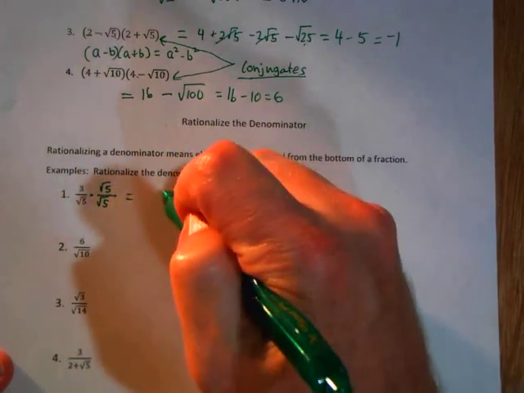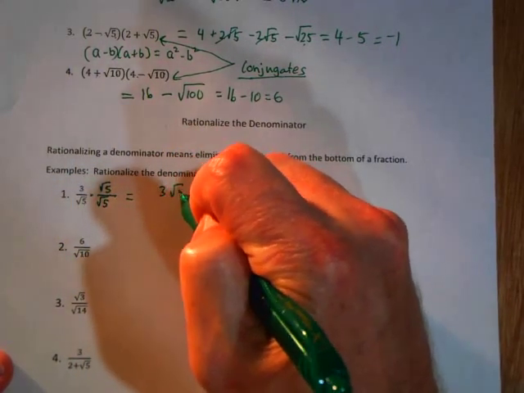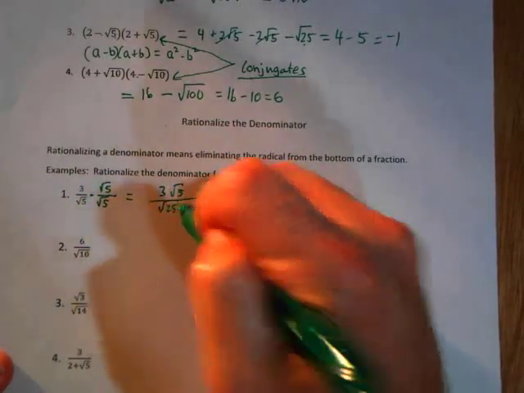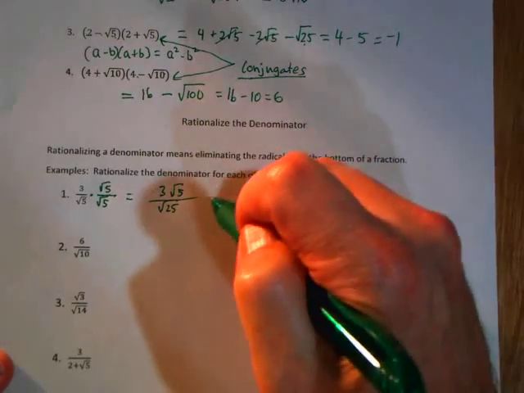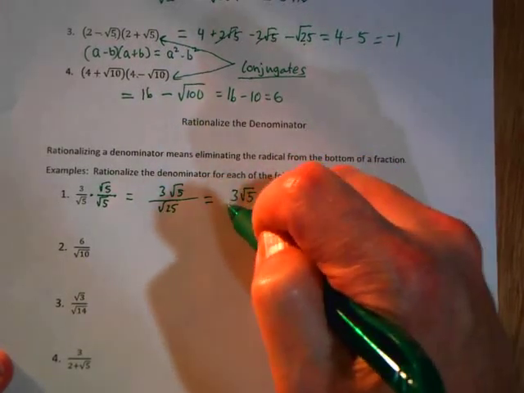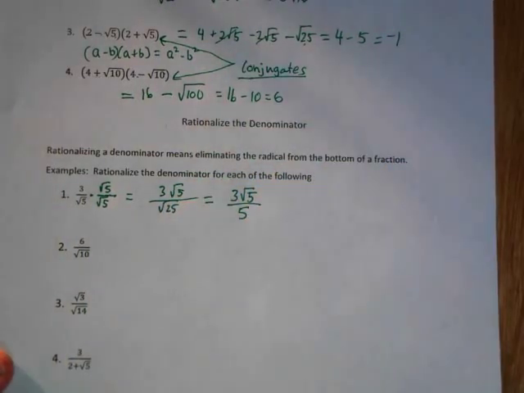So up on top, I'm going to have 3 square roots of 5. Down on bottom, I'm going to have square root of 25. And we see square root of 25 happens to be a nice number. So we write our answer as 3 square roots of 5 over 5. And we would say we have rationalized the denominator, because there's no square root down on bottom anymore.